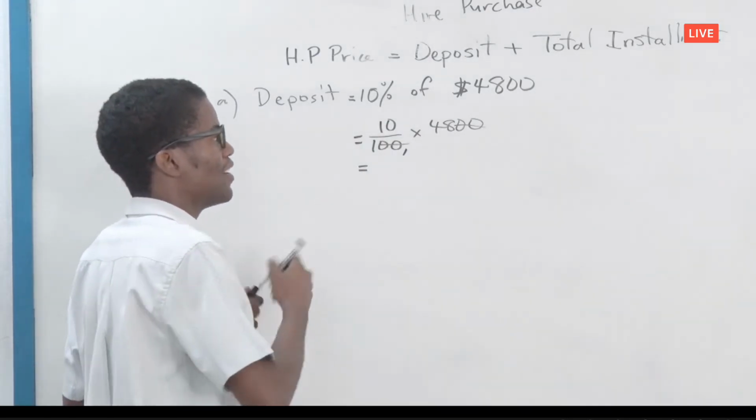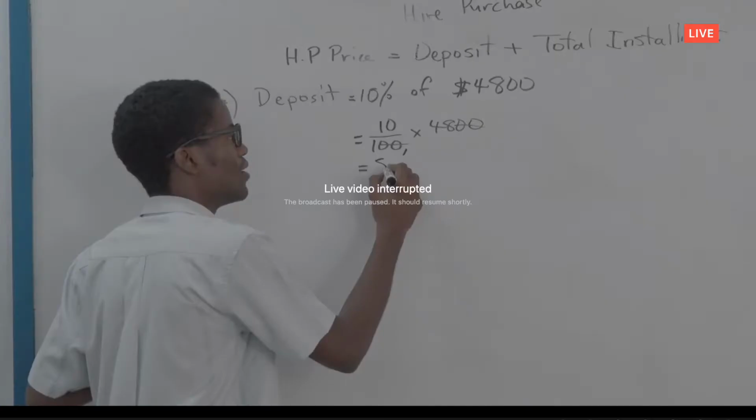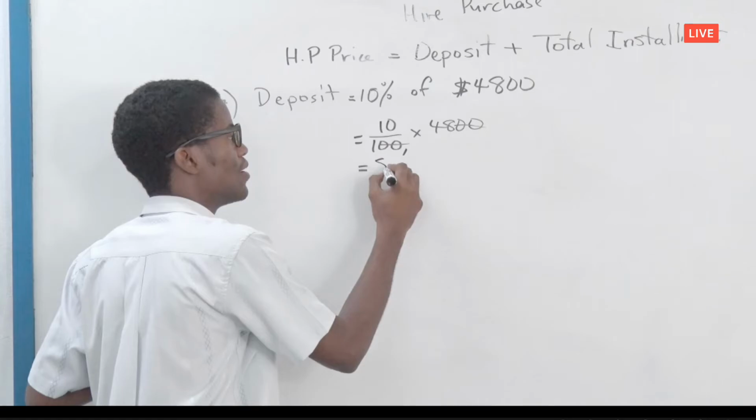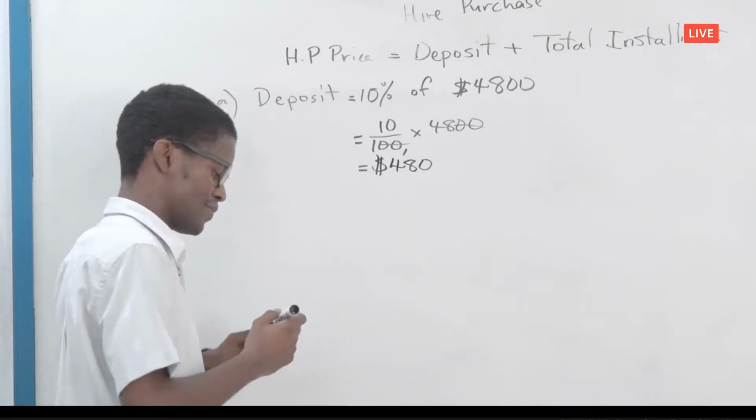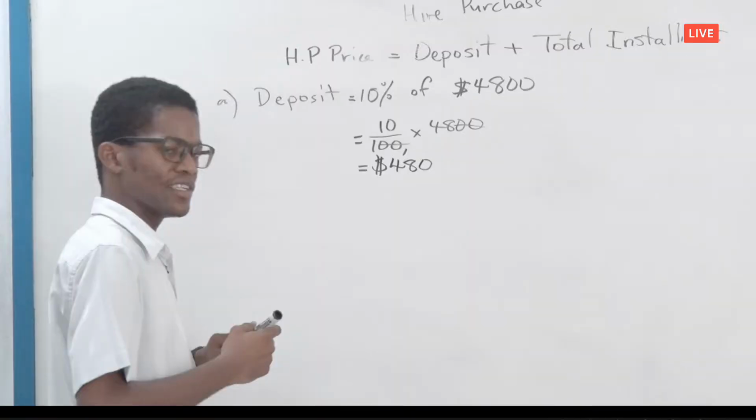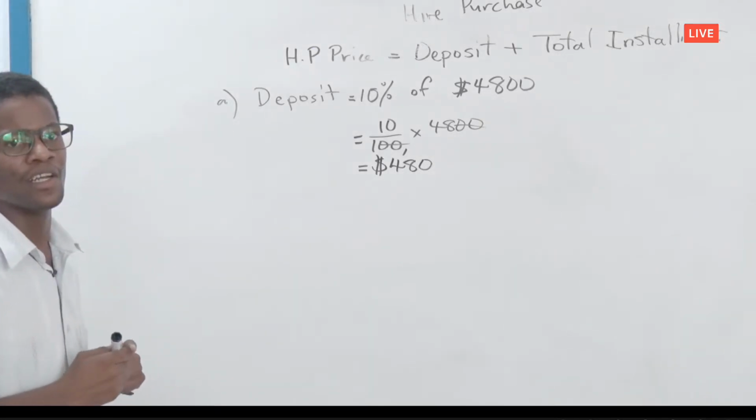So 10 times 48 will give us our answer for our deposit, $480. So that part you are correct.